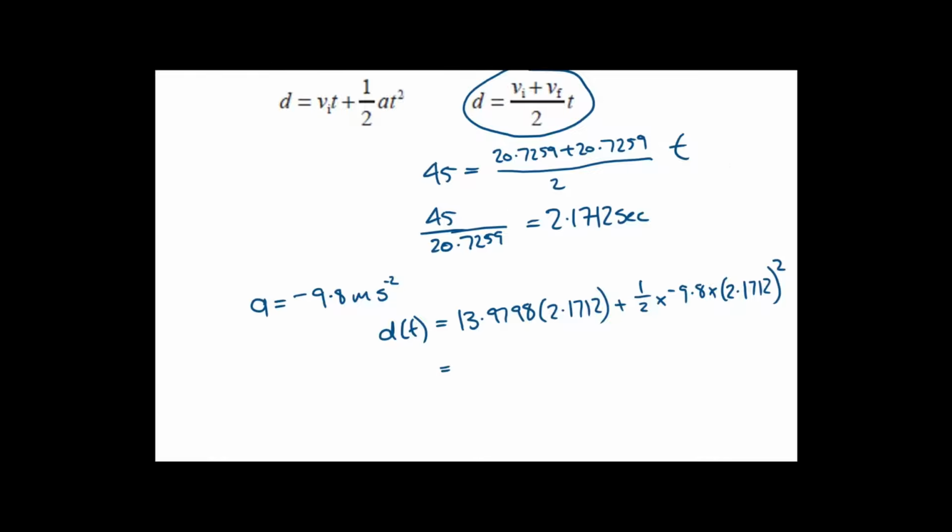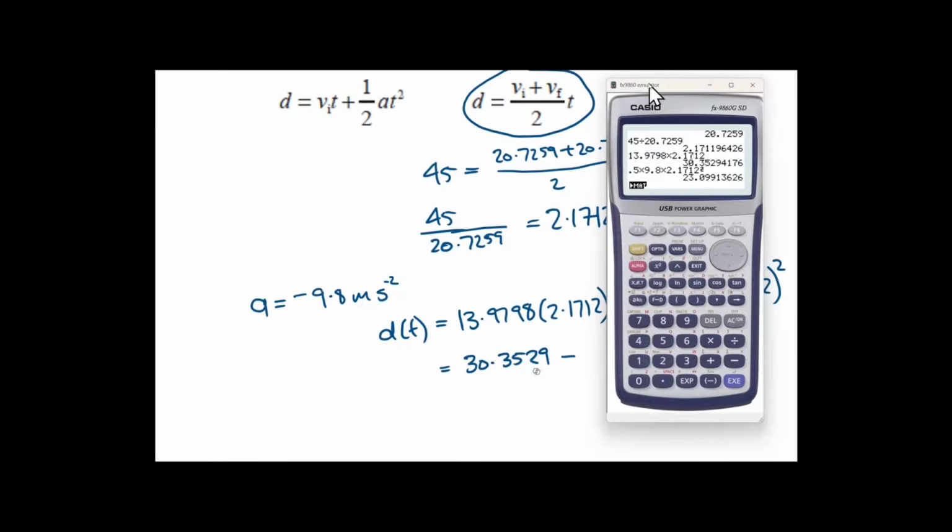So 13.9798 times 2.1712 is 30.3529 minus, the minus is going to come up front here, 0.5 times 9.8 times 2.1712 squared.